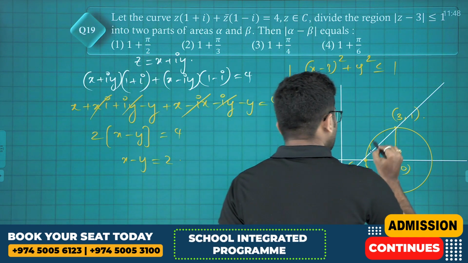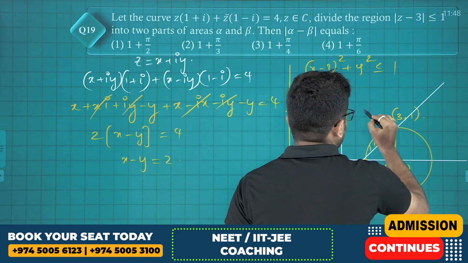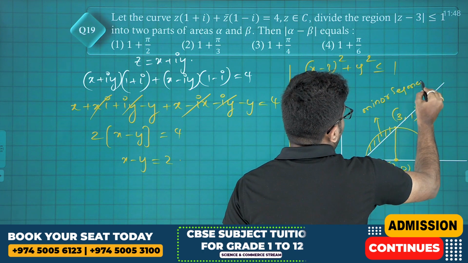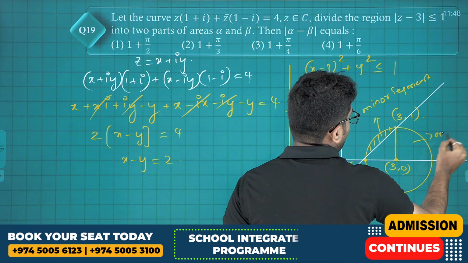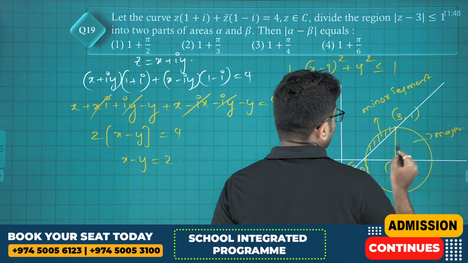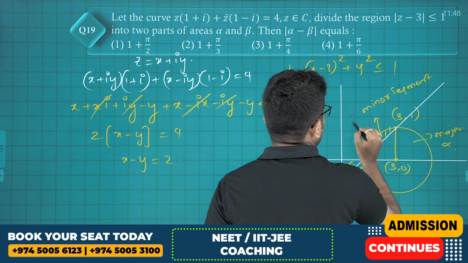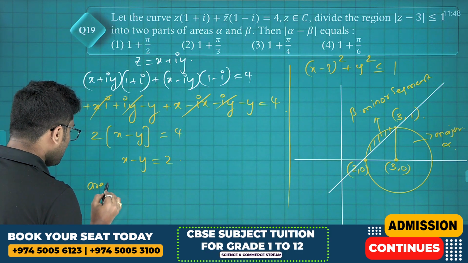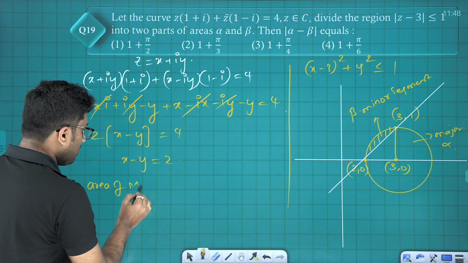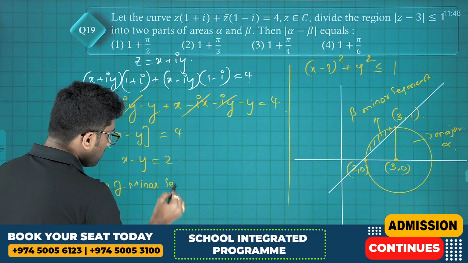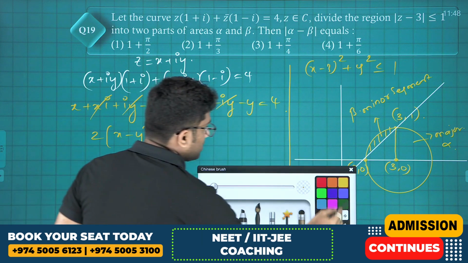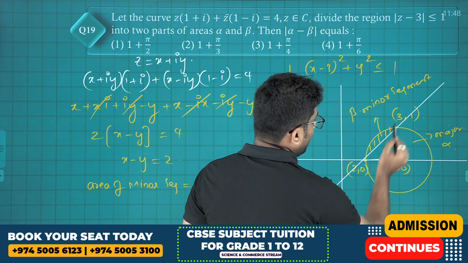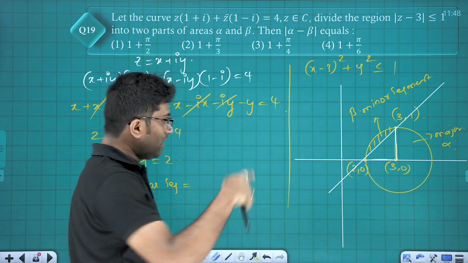This is some minor segment, and one is major segment. Let's take this as alpha and this as some beta. Okay, first, what is the area of minor segment? Area of minor segment is equal to, clearly this is nothing but area of this quadrant of the circle, 1/4 of the circle.